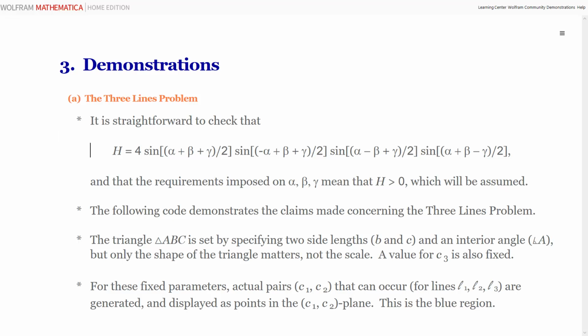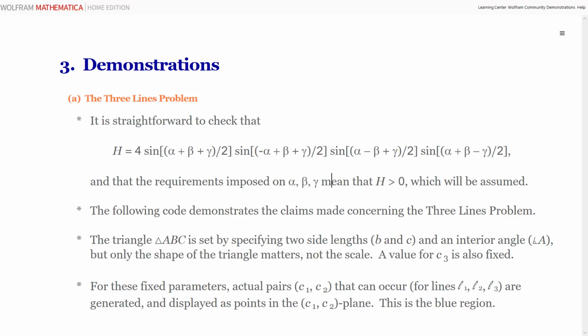But before I do, I have to point out that capital H can also be written this way, as 4 multiplied by a certain sign times another sign times another sign times another sign. And the real significance of that is this. So remember the 4 inequalities for alpha, beta, and gamma, the ones I called evident, such as alpha plus beta plus gamma is less than 2 pi.